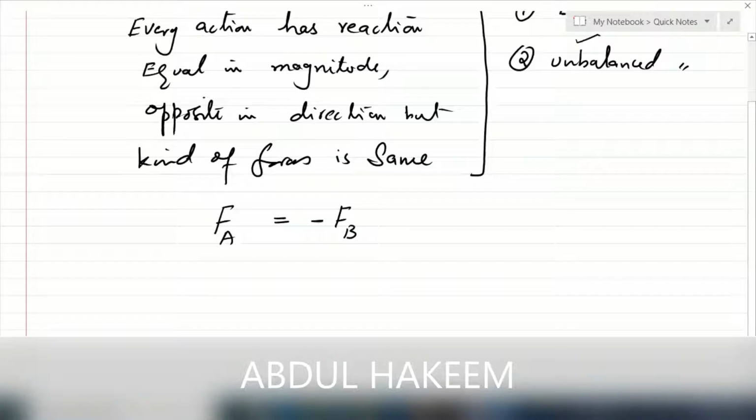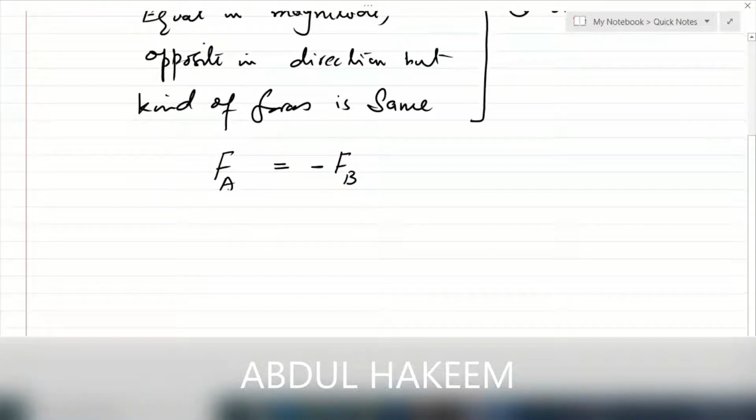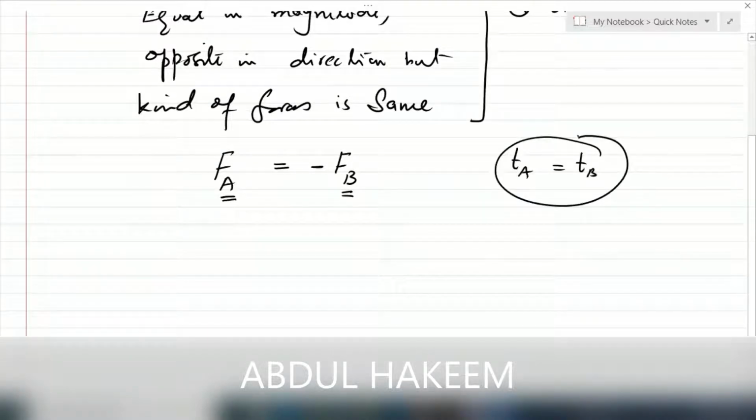And the next, both forces, action and reaction, are acting on two different objects. Meaning if action is at A, then the reaction will be at B. And the time of the action is exactly the same as the time of reaction.